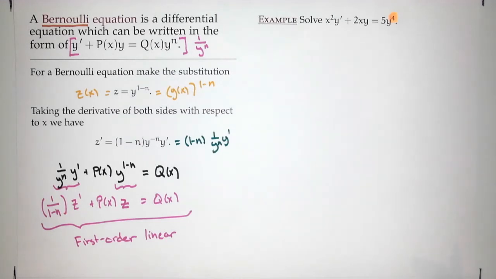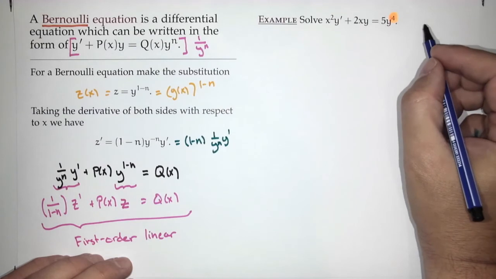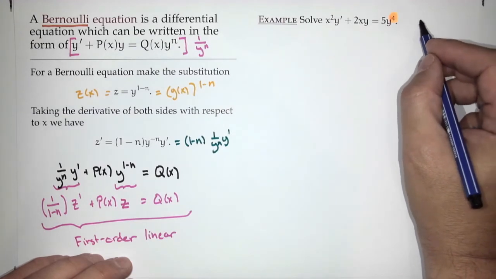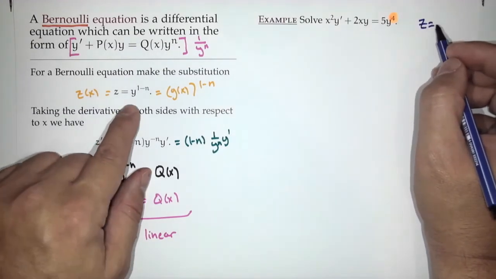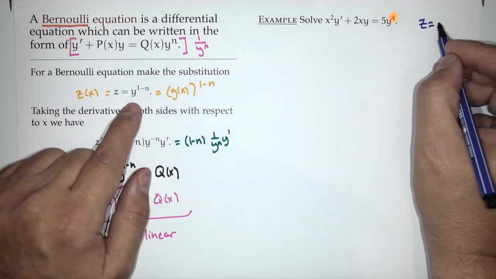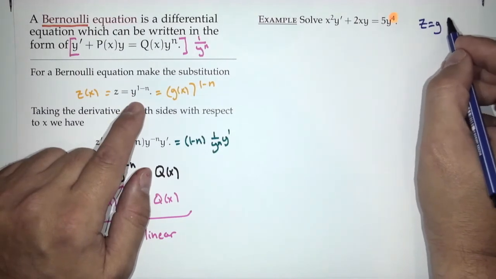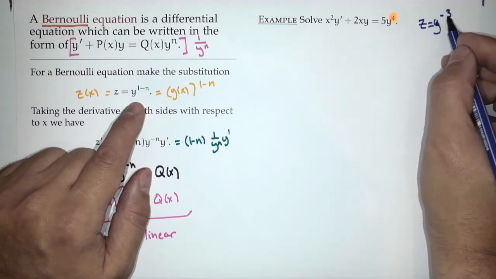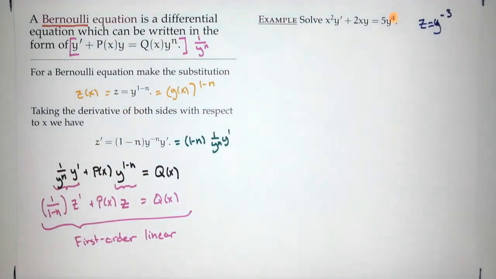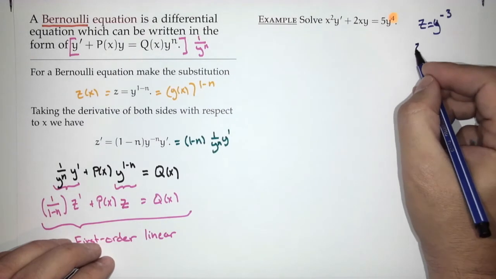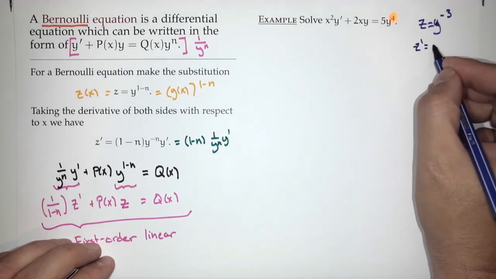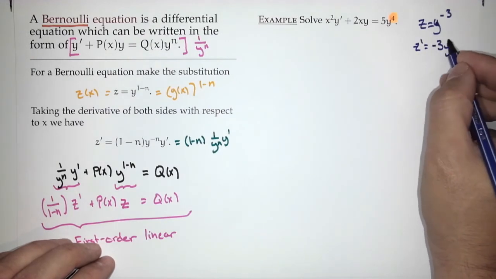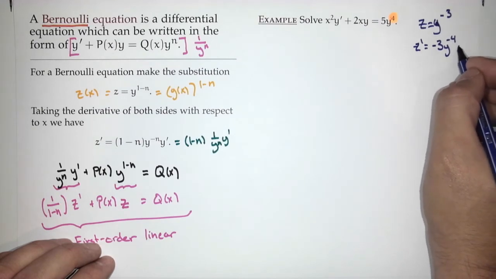All right. So, what's our substitution? Well, we're going to substitute z equals, according to this, y to what power? To the negative third. Right, because it's 1 minus 4. So y to the negative third power is our substitution. So we can do our z prime, negative 3, y to negative 4, y prime.